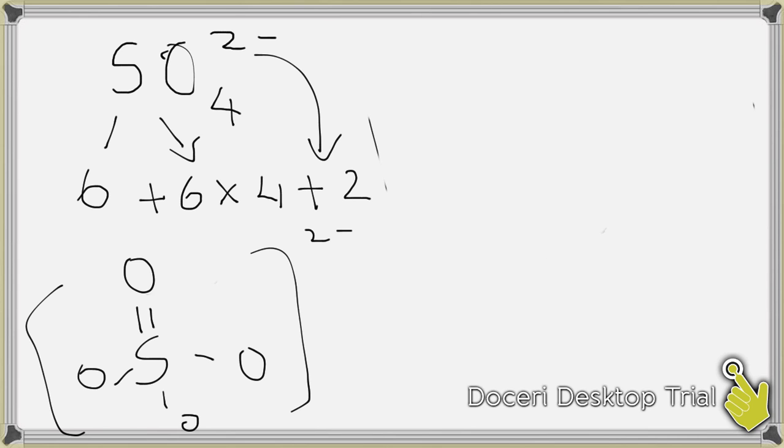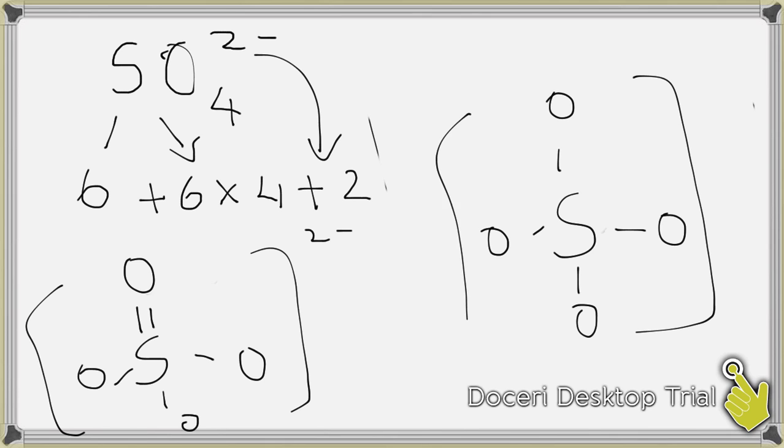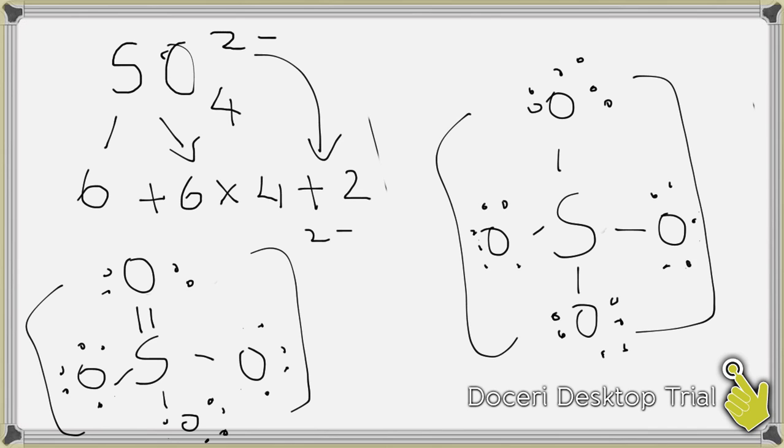So these are the two Lewis structures for the same compound.